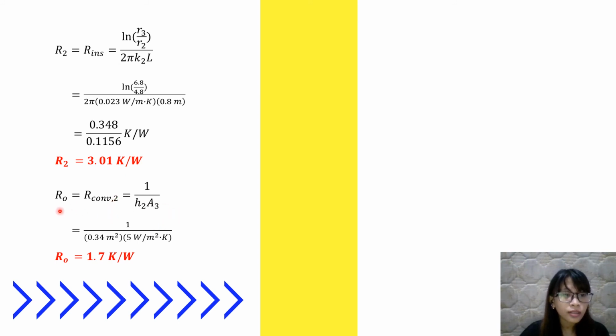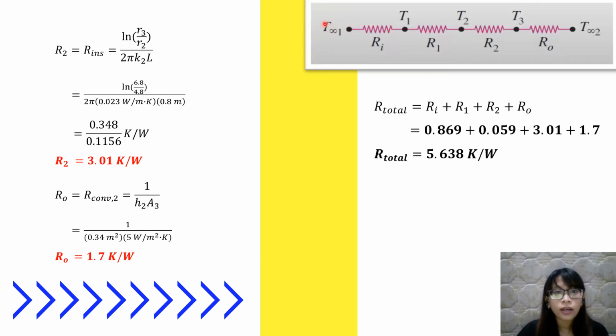And the last one is the resistance for the output convection, with the formula 1 over h2 A3. We plug in the parameters, and we got Ro is 1.7 Kelvin per watt. Since the analysis is in series, to find the total resistance I only need to sum up the values Ri, R1, R2, and Ro, and I got R total is 5.638 Kelvin per watt.